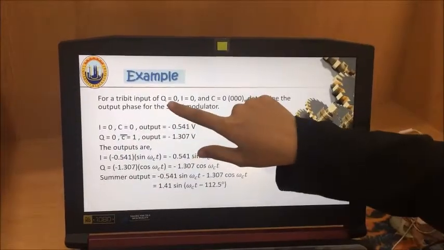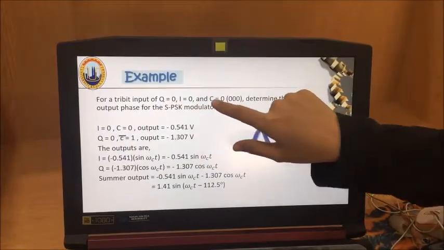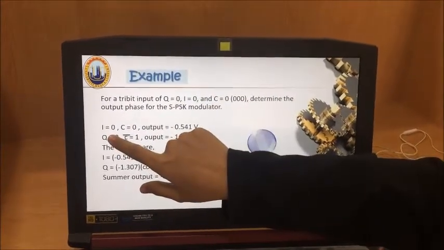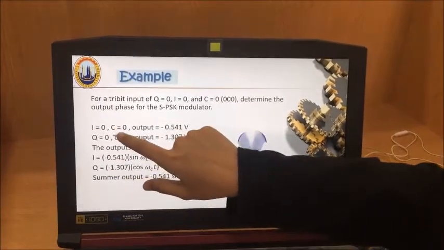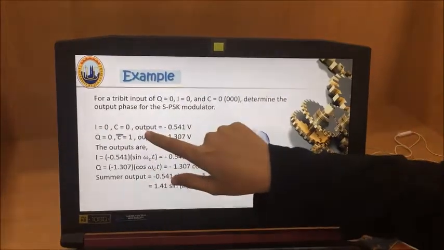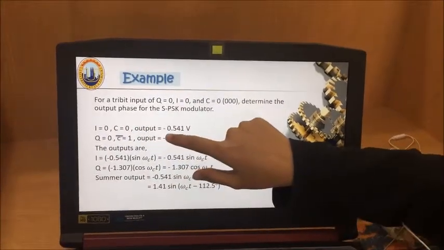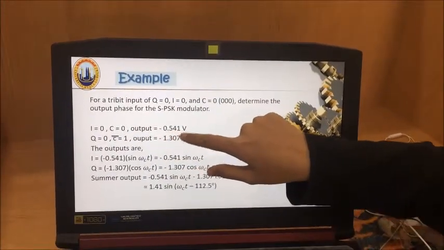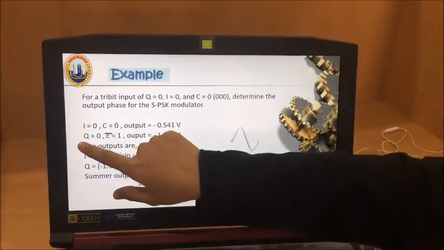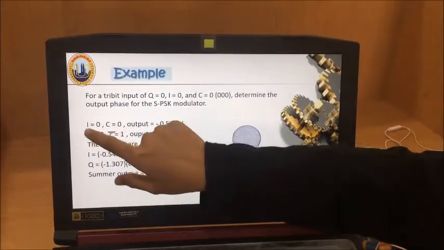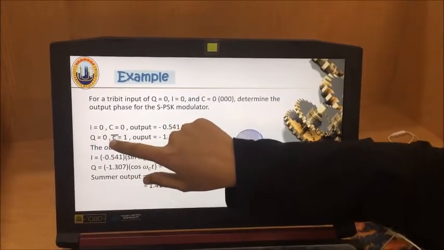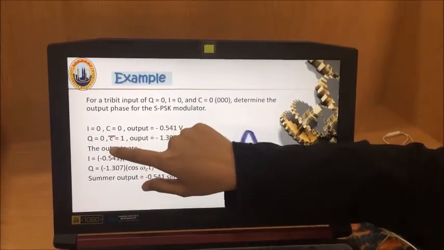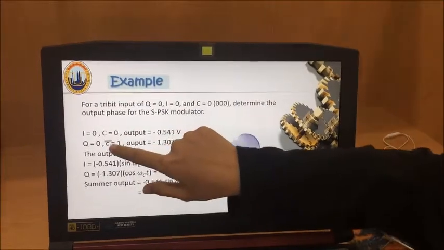When I and C are 0, the output must be negative 0.541. While the Q is in 0, for the C we must put the C bar, which is 1.